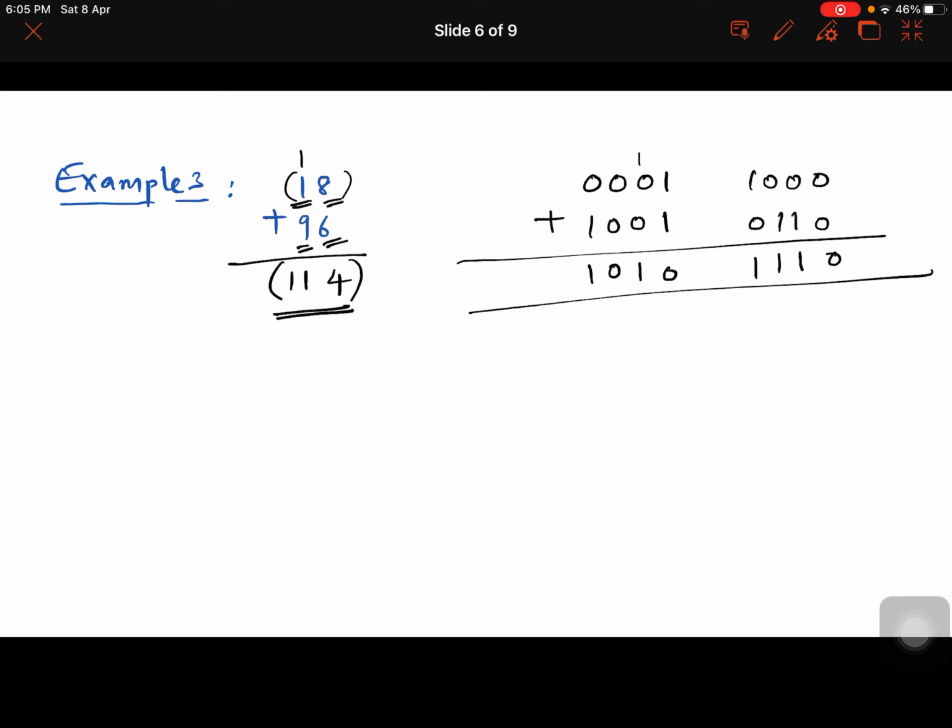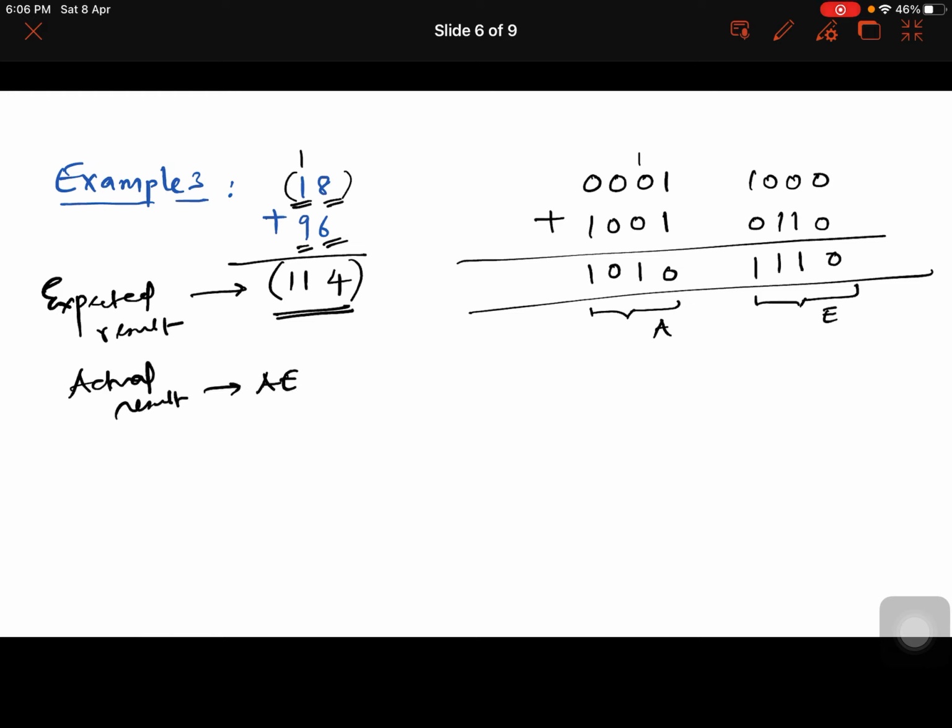We have 1 like this. Now let me convert this into hexadecimal. So 1010 is A, and 1110 is E. So this is the expected result, and what is the actual result? Check it out. Actual result is something called AE.